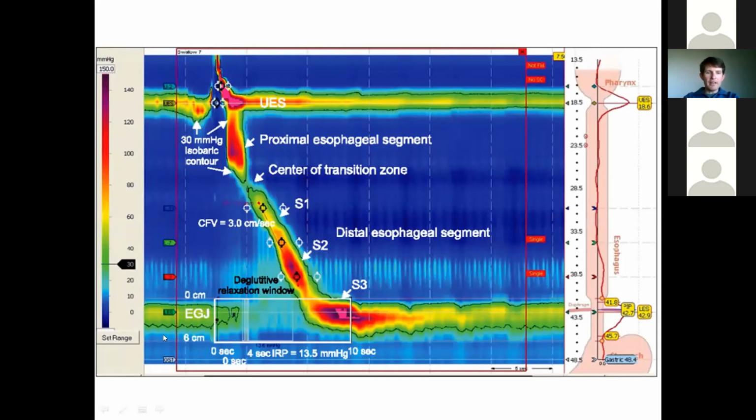Down here, you can see the lower esophageal sphincter is at its resting pressure, and then with the initiation of the swallow, you have compensatory relaxation of the LES, and that's what the integral relaxation pressure actually measures. From the beginning of the swallow through the end of the swallow, it looks at the 4 seconds during which the pressure is lowest, and that's what the IRP is. But it's essentially a reflection of how well the LES relaxes during swallowing.